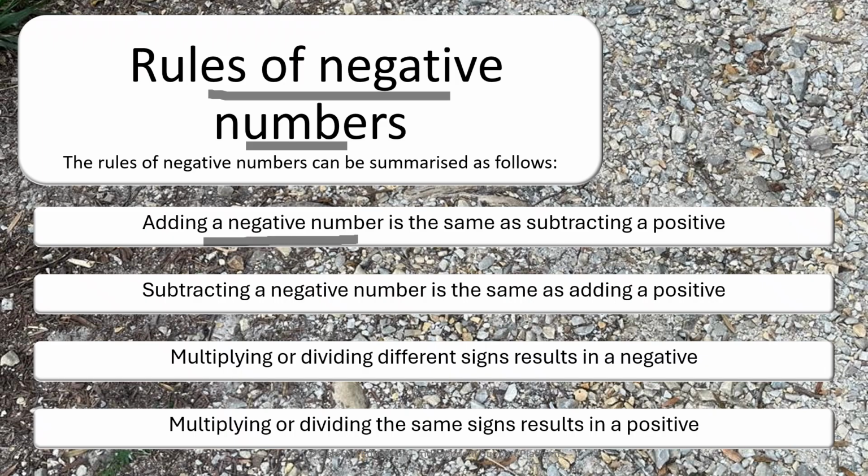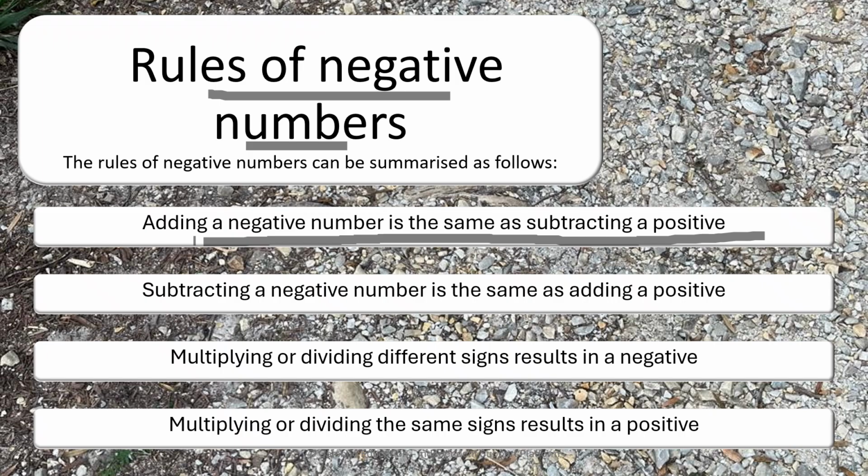So adding a negative number, I will show you an example, is the same as subtracting a positive. Now that might sound a little bit confusing, but I will show you a few examples. Adding a negative number, 7 plus minus 3, it's the same as subtracting a positive number. So it's 7 minus 3.